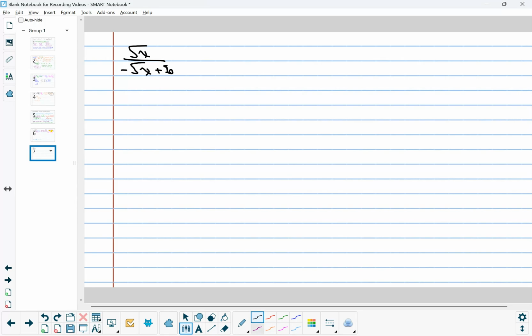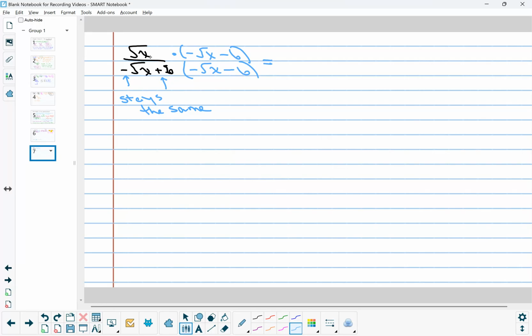Okay, so the conjugate, only the middle sign changes, so just this one. So when I multiply this, it's still going to be negative rad x minus 6. All right, this sign stays the same. Okay, so times negative rad x minus 6.